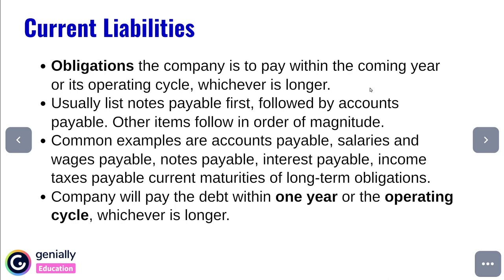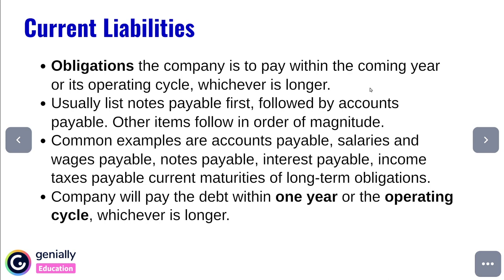After that you have accounts payable, the invoice amount that you have to pay your supplier, because you bought on credit terms or on account. In the list of current liabilities, other items follow in order of magnitude.